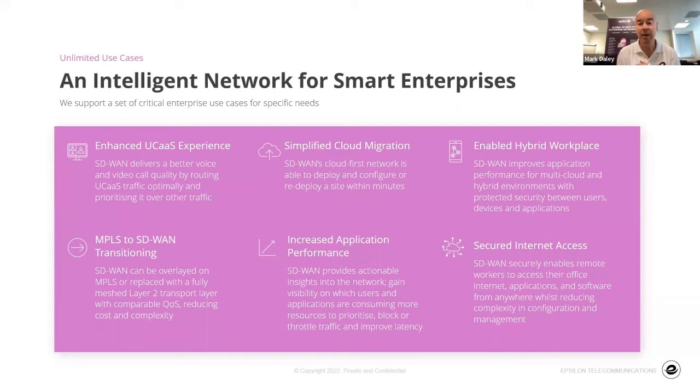You might need to deploy networking into the cloud and need it done really quickly, like in a couple of minutes. Your distributed and hybrid workplaces can often challenge security, your operational processes, as well as application performance. All these things can be challenged, and SD-WAN has shown that it can significantly improve in these areas.